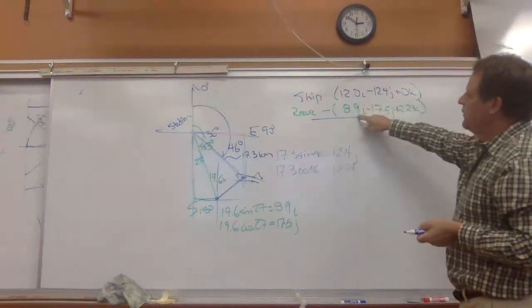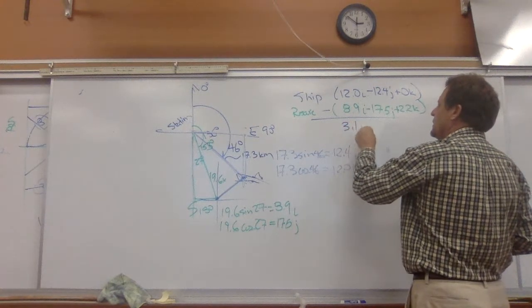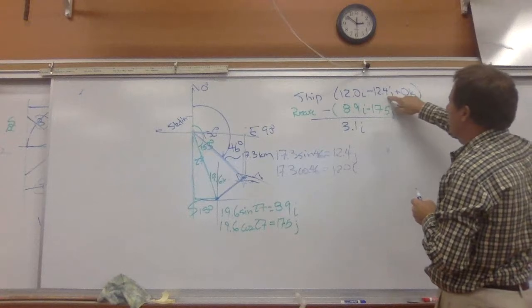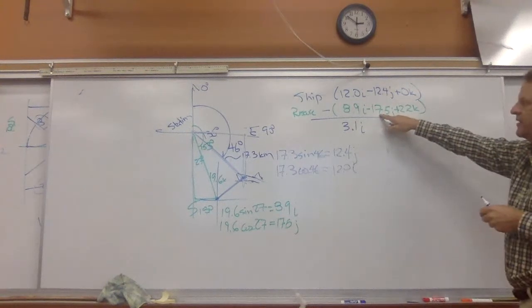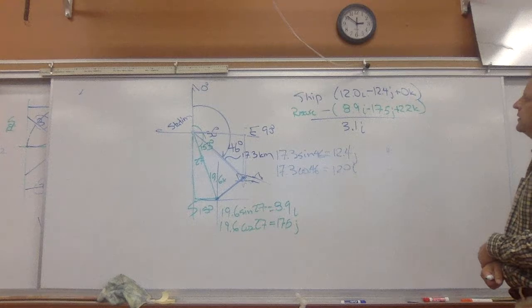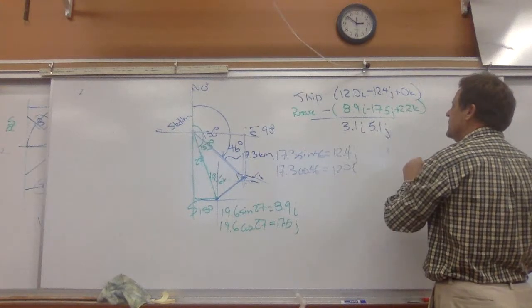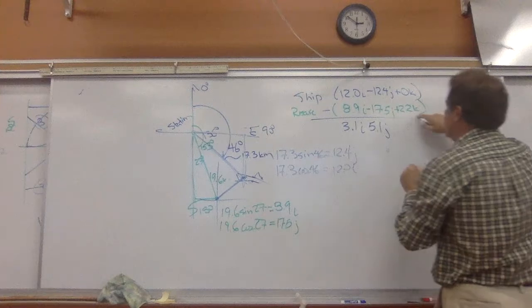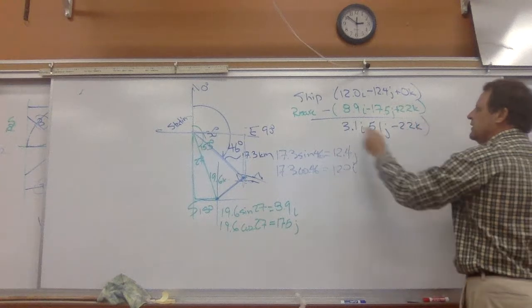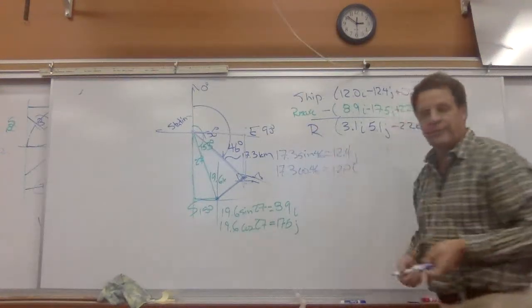So we're going to take 12 minus 8.9, and 12 minus 8.9 is going to be 3.1 I, and 12.4 minus a negative 17 is going to give us, was that 5.1? 5.1 J, and 0 minus 2.2, which can be minus 2.2 K, and all of that is measured in kilometers, and that is your position.